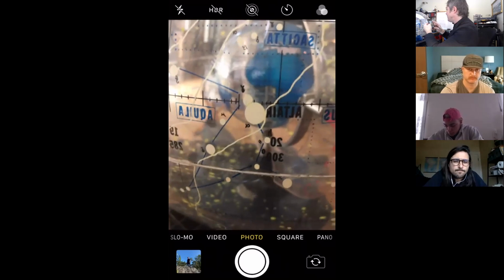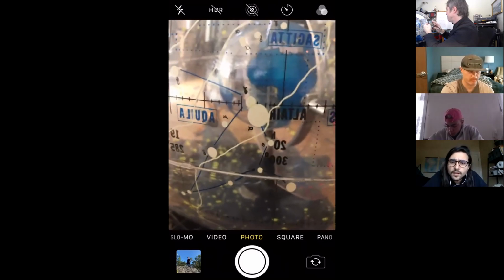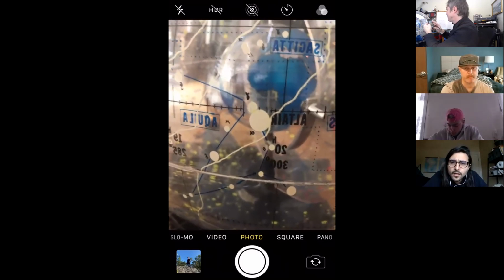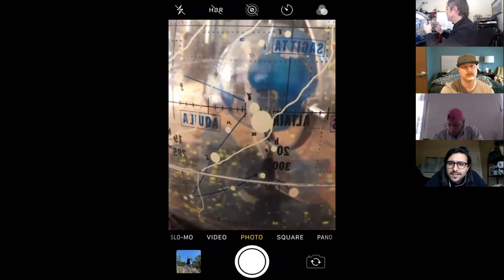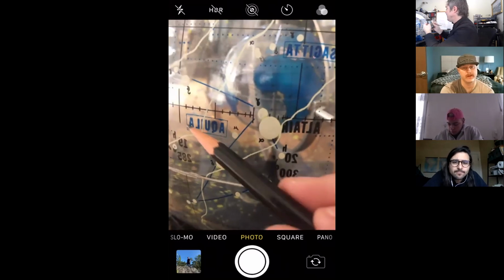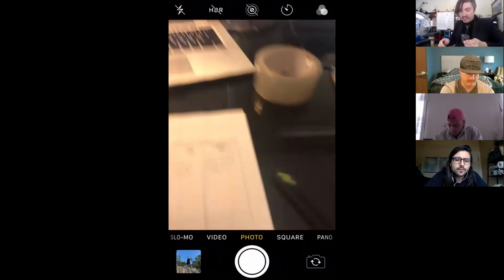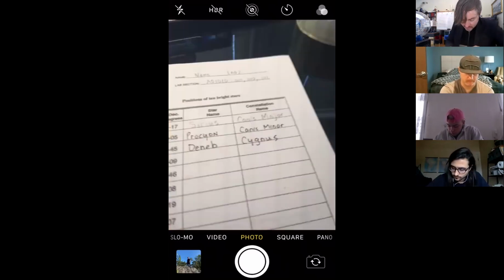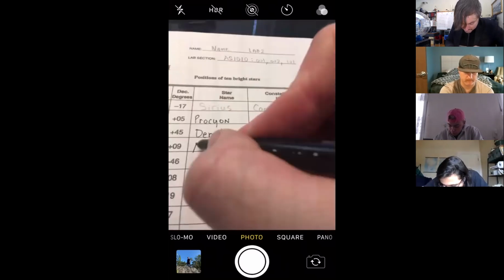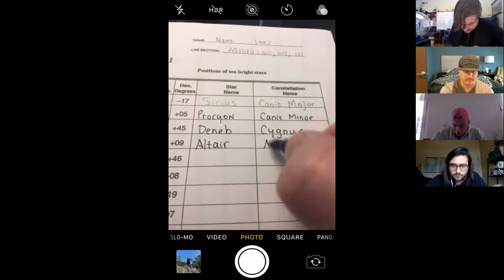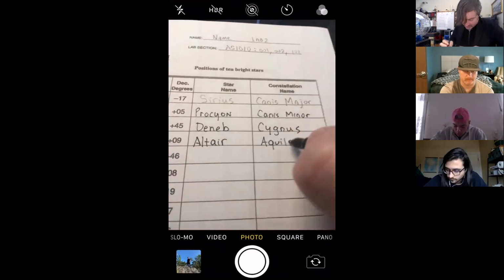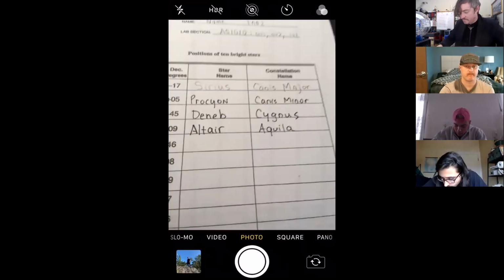And can you tell what constellation that's in? Aquila, the eagle. Altair is the eye of the eagle, I think, or something like that.